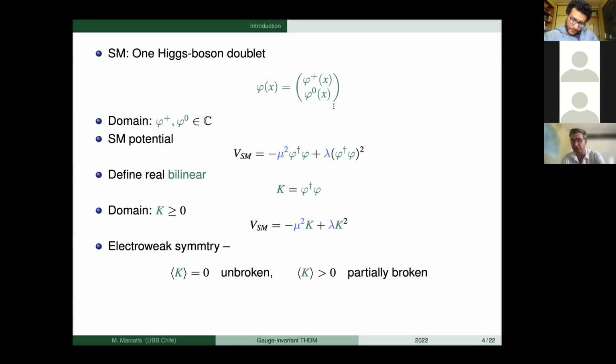If you go to the physical vacuum we usually want, we have just for the neutral component a vacuum expectation value, and for the upper one we get 0, and in this case it corresponds to K larger than 0. And in case everything vanishes, the complete field vanishes, then K vanishes, and then we have the unbroken electroweak symmetry.